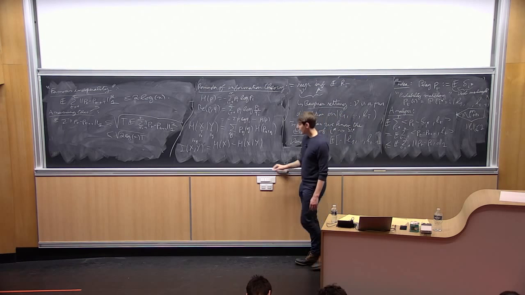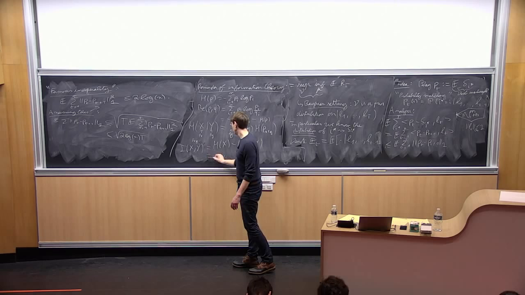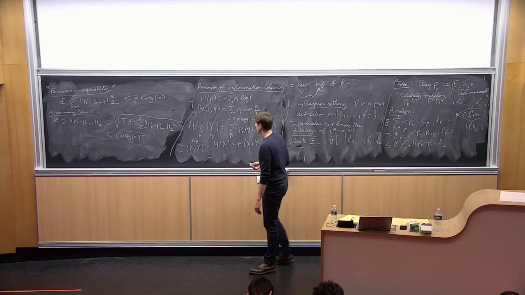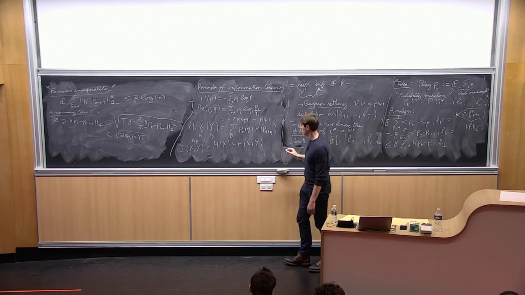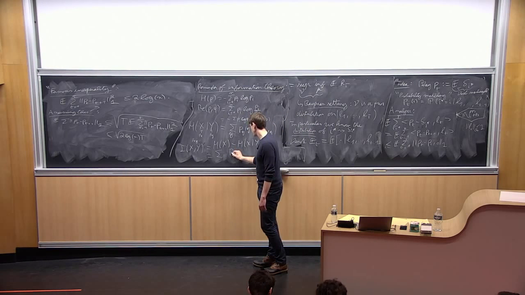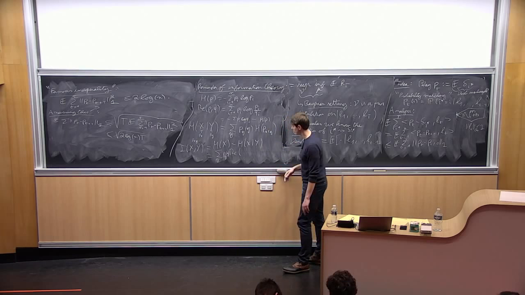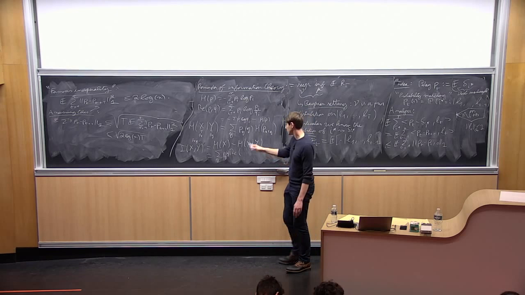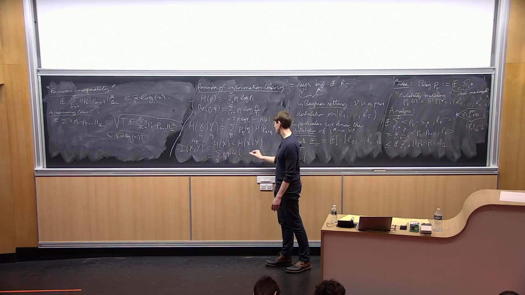This is also equal to a certain notion of relative entropy. So this is also equal to the sum over y of py of the relative entropy of p of x given y with respect to px.